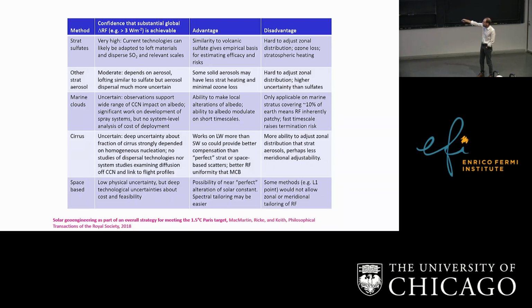Cirrus thinning, which I haven't talked about much, these high clouds that are a bit analogous to contrails, turns out to have maybe not such high technological uncertainty because you need a very small amount of aerosol, but it has deep physical and science uncertainty. It's really easy to do that seeding wrong, so you end up having a warming effect rather than a cooling effect.